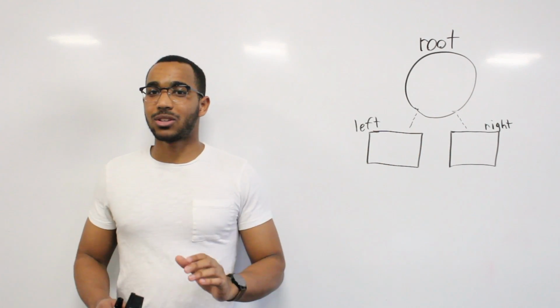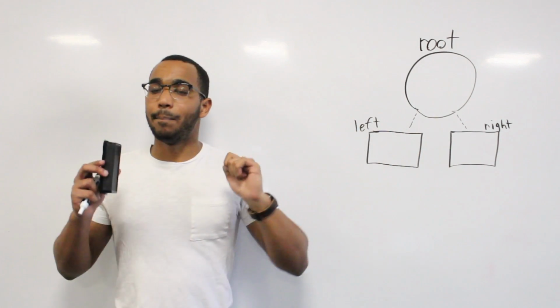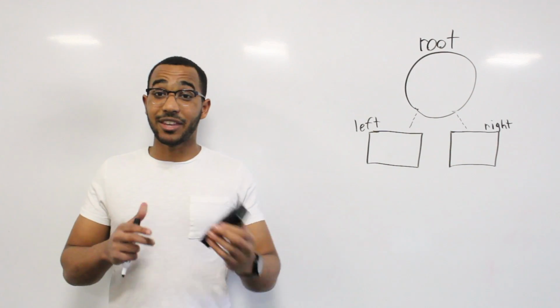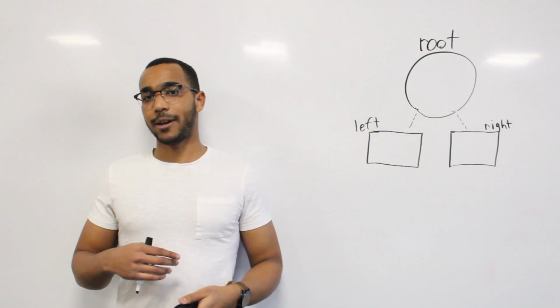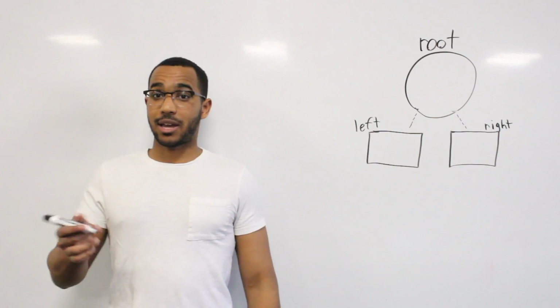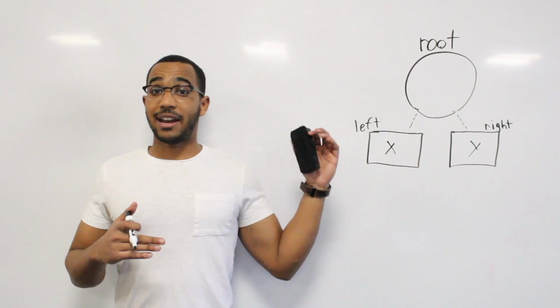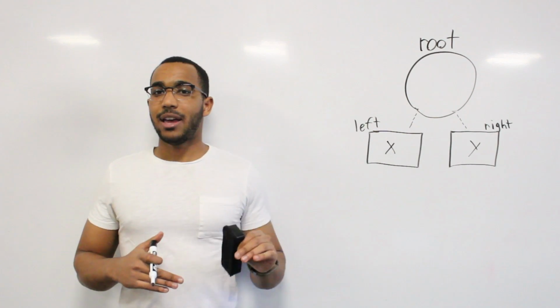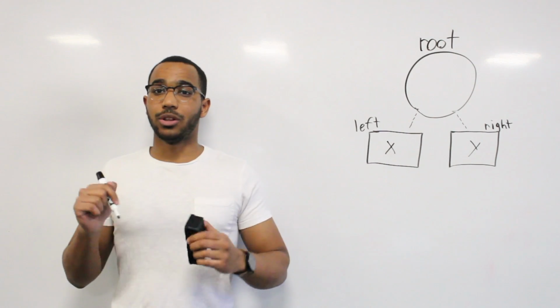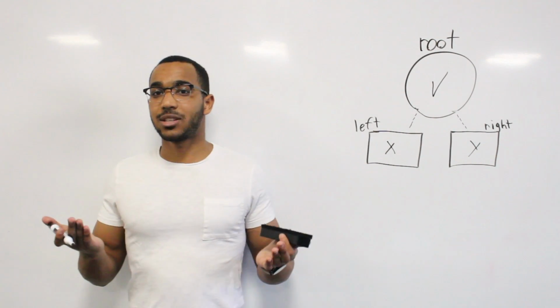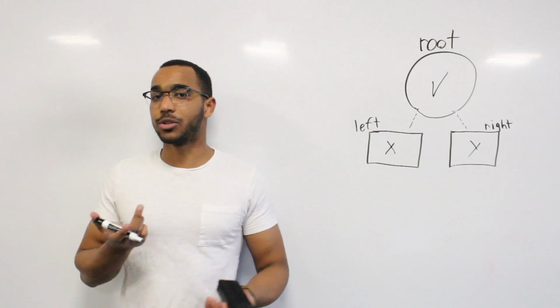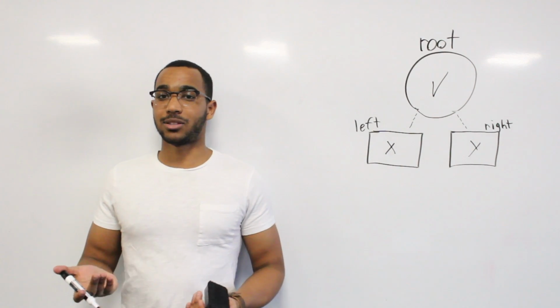What will happen is this root must be the lowest common ancestor, right? So this is what I'm saying. If I search the left and I find x, if I search the right and I find y, this is the lowest common ancestor. I mean, it has to be. Based on our logic, based on the way we're doing this, it has to be the lowest common ancestor.